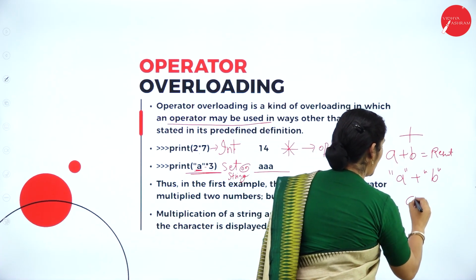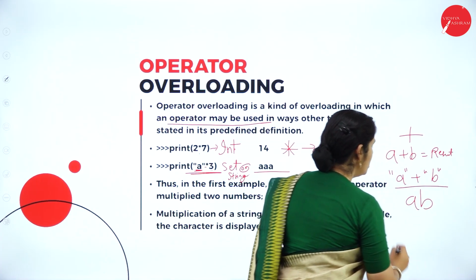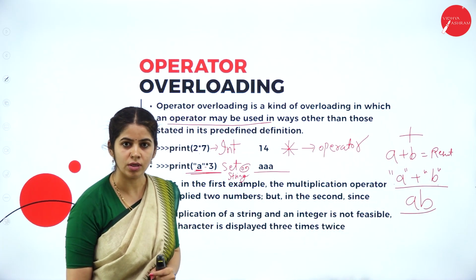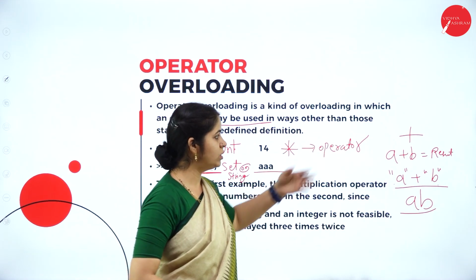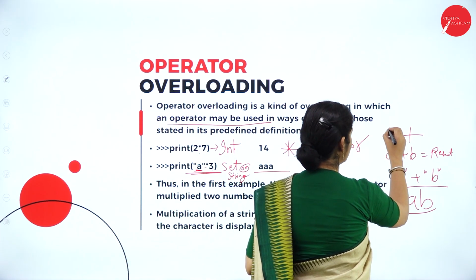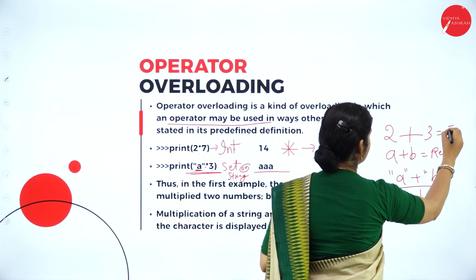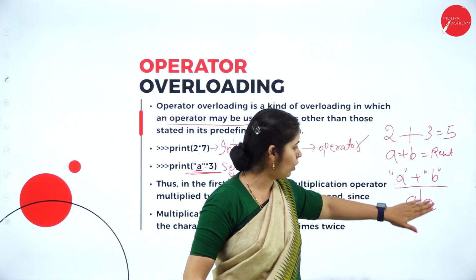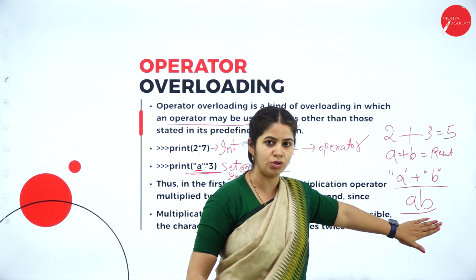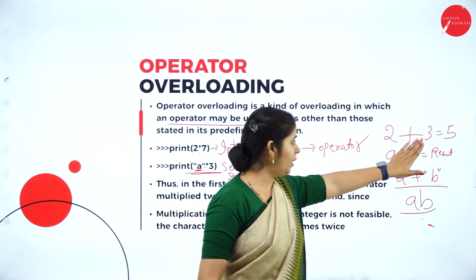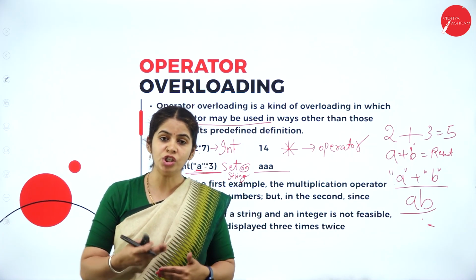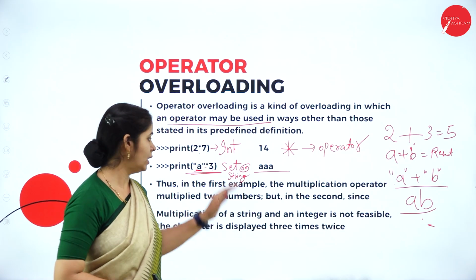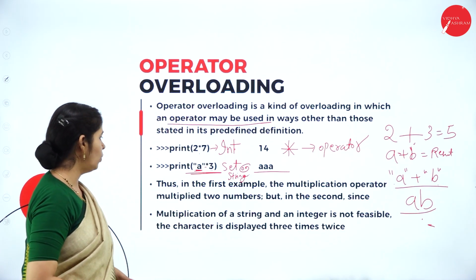It will concatenate string 1 and string 2 and give the concatenated result. Or I can take 2 plus 3, that is 5. We are performing the addition operation, and the concatenation operation with respect to strings. The operator is the same, but the functionality is different in different scenarios, right? That is what operator overloading is.